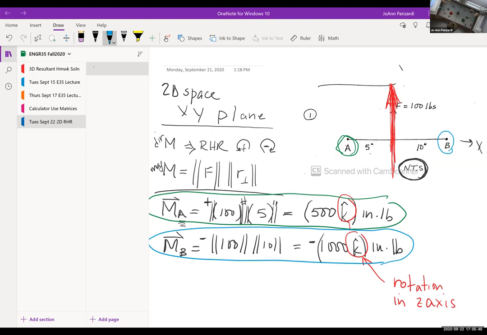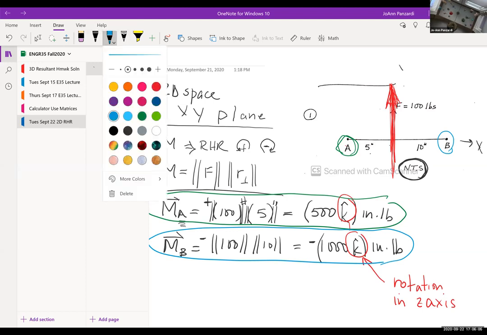Does everybody get this? This force is creating a spin about A, and it's creating a spin about B. It's creating a greater spin about B because the lever arm of 10 inches is longer.